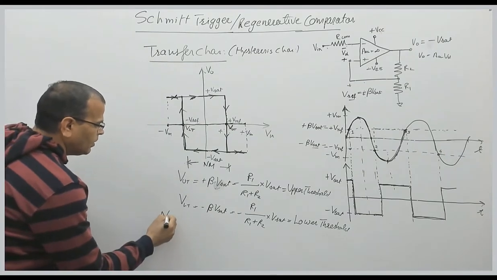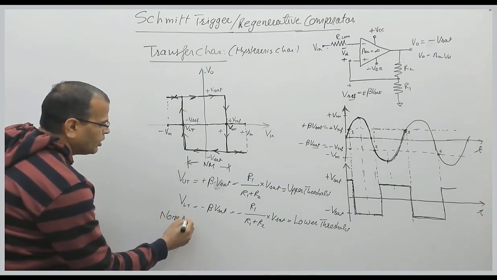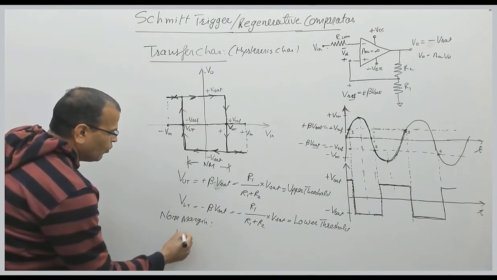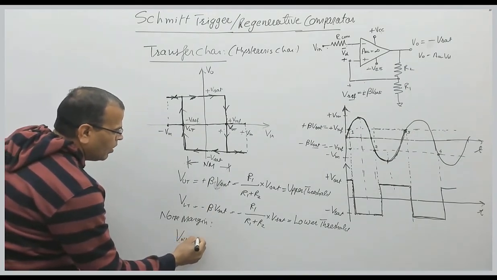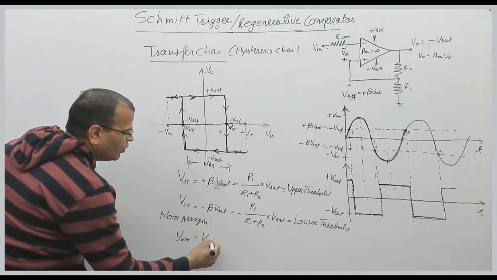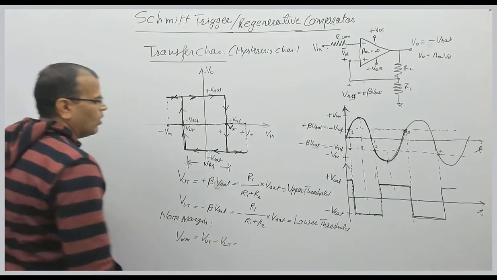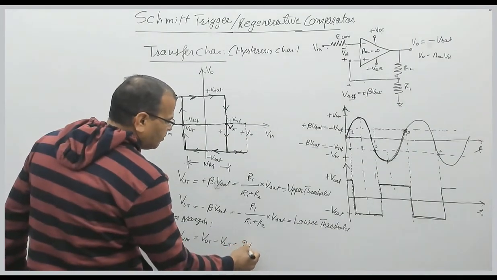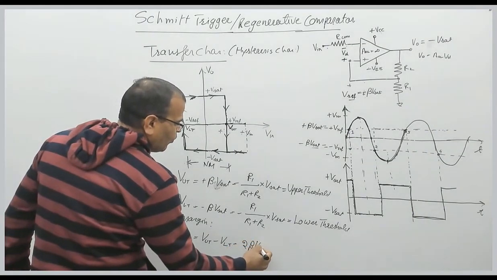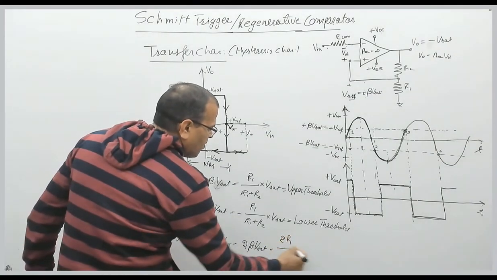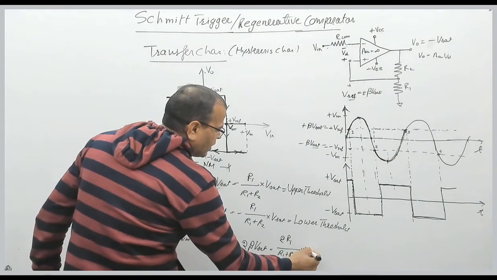Now there is something called the noise margin of the Schmitt trigger, that is VNM, which is the upper threshold voltage minus the lower threshold voltage, or that is equal to twice beta into Vsat, or that is 2R1 by R1 plus R2 into Vsat.